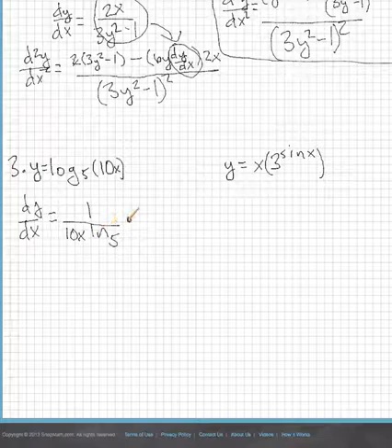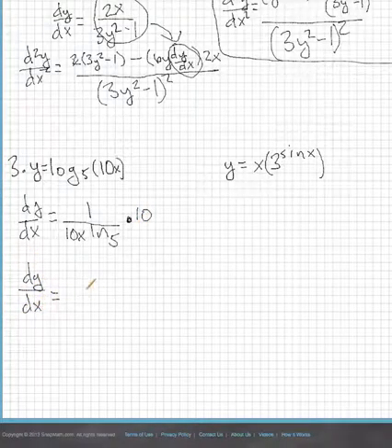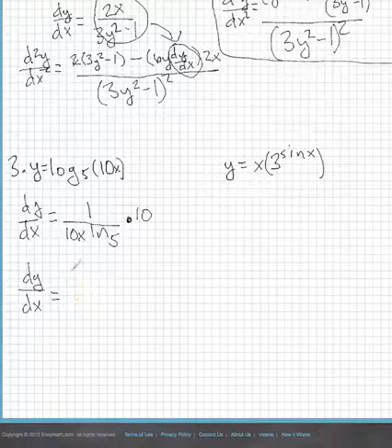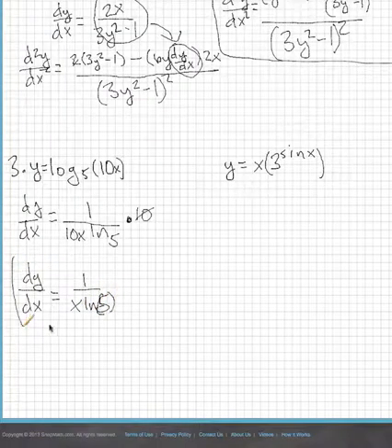That's the derivative of the outside function times the derivative of the inside function, which is 10. So you can just rewrite it as dy/dx equals, well, the 10s cancel out, so it's 1 over x natural log of 5. All right?